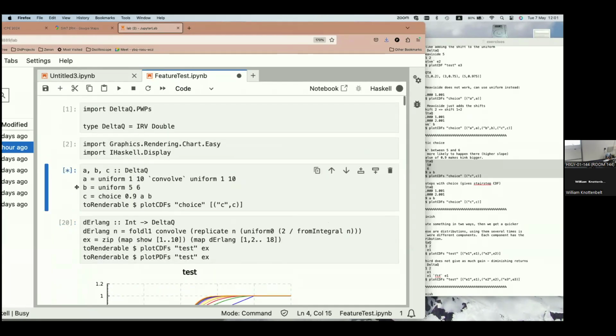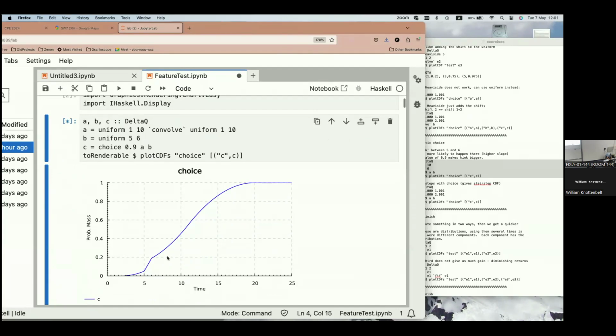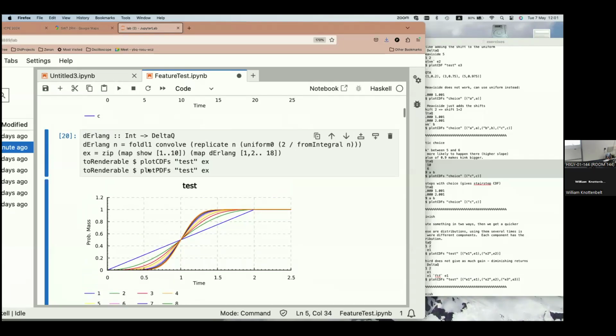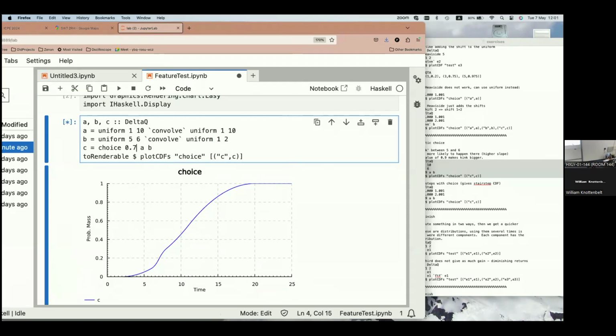No, I have to execute it first. So here, for example, you can see there's still a kink between 5 and 6, but the other one is now much smoother. It's a convolution. So this gives you some idea of interesting situations where the choices don't overlap much. There's a different kink. Now it's flat, like that.